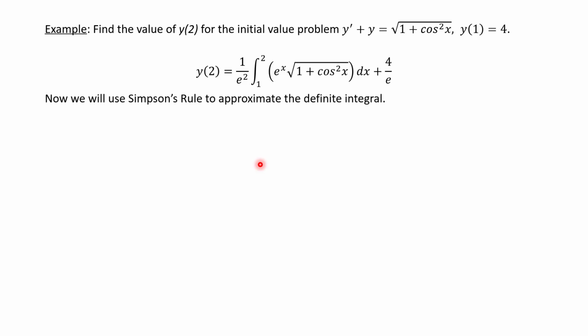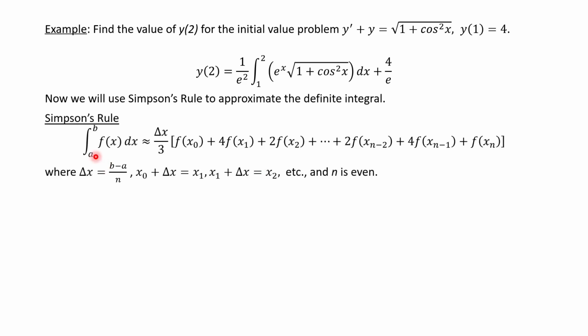Okay, so Simpson's rule, let me explain that to you real quick. So you don't have to worry too much about this, but let me just explain a little bit. If you want to solve a definite integral, and it's not very easily done, then we can use this rule, and it says that this definite integral is approximately equal to this calculation on the right side. And so delta x is b minus a, which is your limits of integration being subtracted, over some even number n.